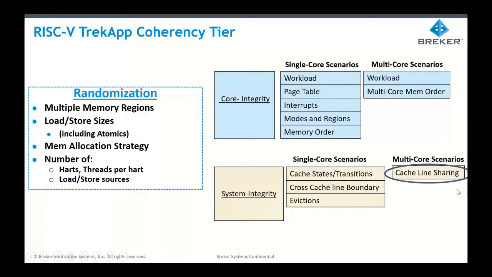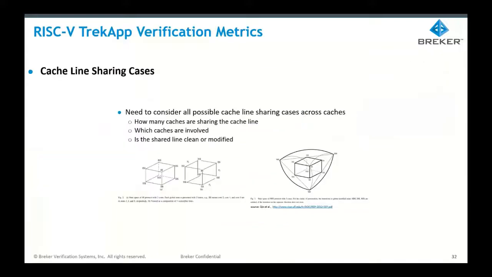Now, taking that and putting it in the multi-core scenarios, we can produce cases where we have cache line sharing, where one cache line is being shared by multiple cores, and how this is going to be handled by the system. And this cache line sharing can produce a lot of cases, because you've got to think how many processors share the cache line.